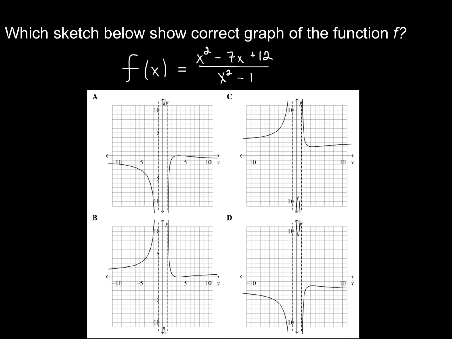Don't be afraid to make a table of values to think about what's happening to your function as it's approaching those vertical asymptotes from the left and from the right. So you can't just select which one. What you want to do is actually go ahead and find those key characteristics, and then on your paper, mark down those key characteristics for your graph, and that way you can pick A, B, C, or D.